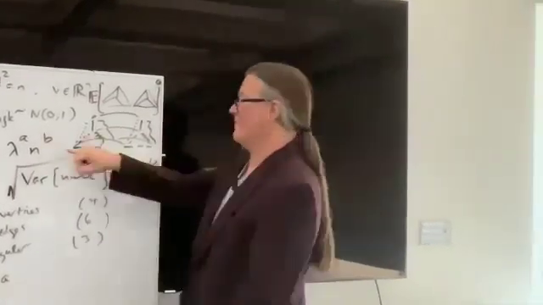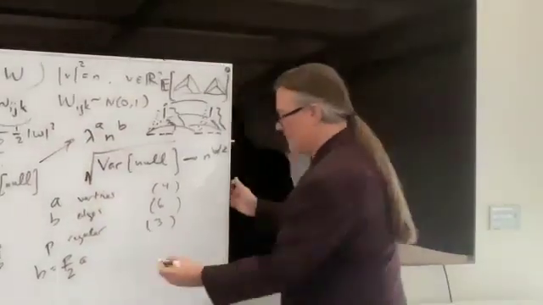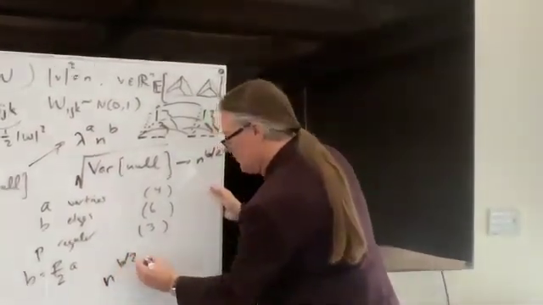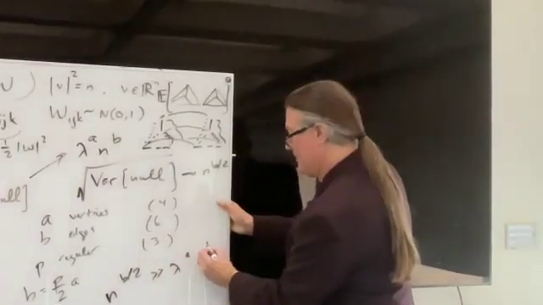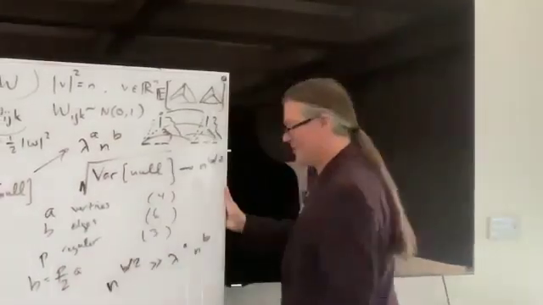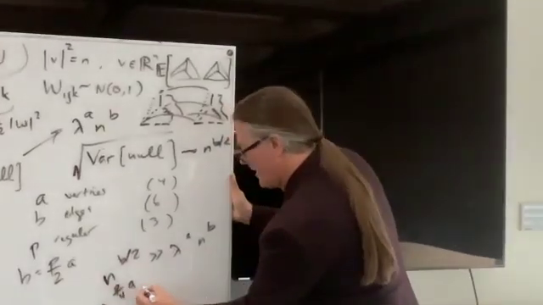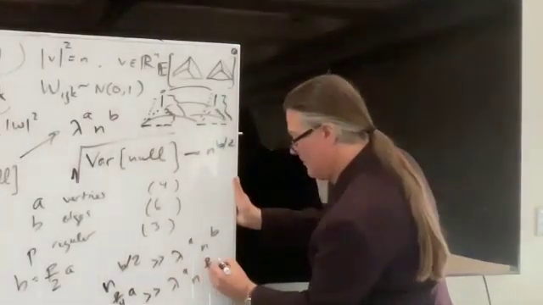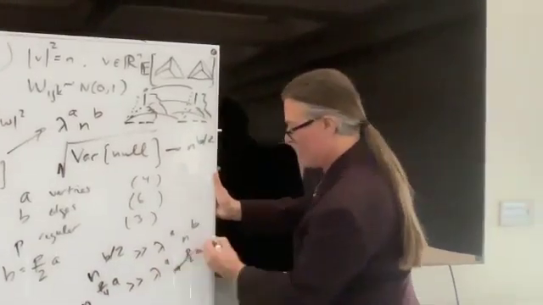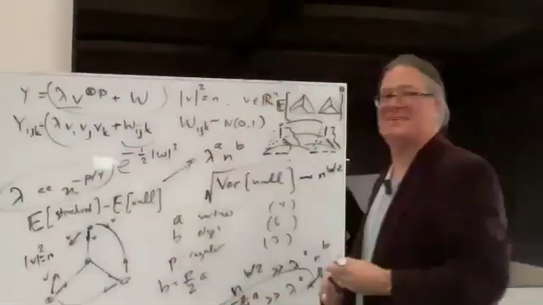This is large compared to that, thus making it hard to notice this difference if n to the b over 2 is greater than lambda to the a times n to the b, but b is p over 2 times a. So this is n to the p over 4 times a, which is greater than lambda to the a, and then this is n to the p over 2 times a, and we subtract that from both sides, and we get this threshold. Yay!